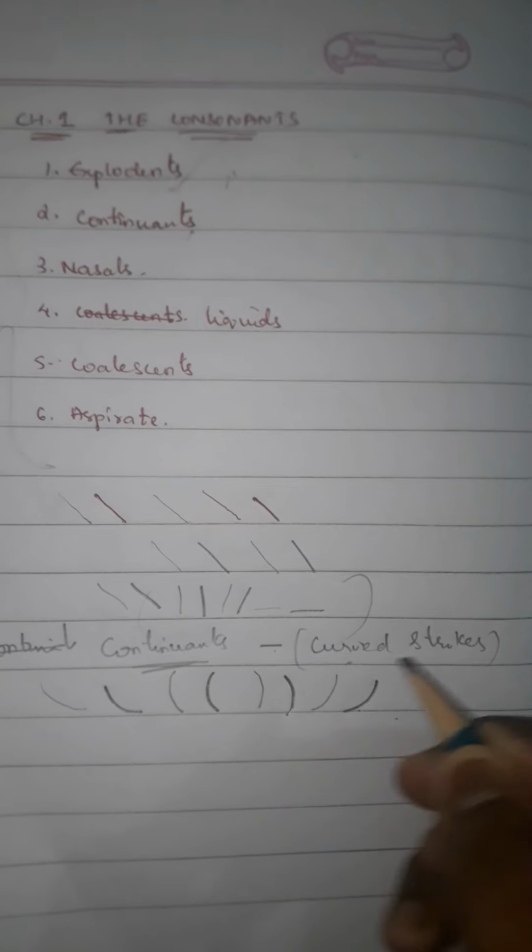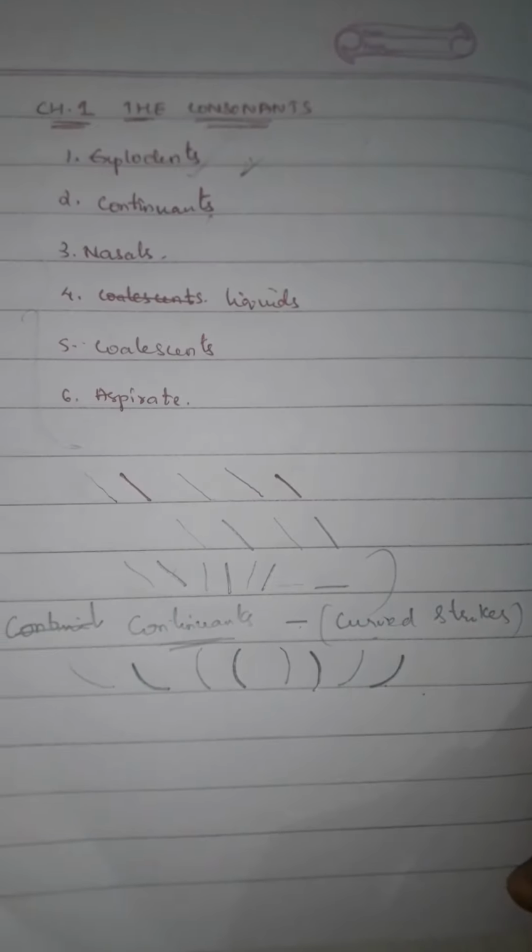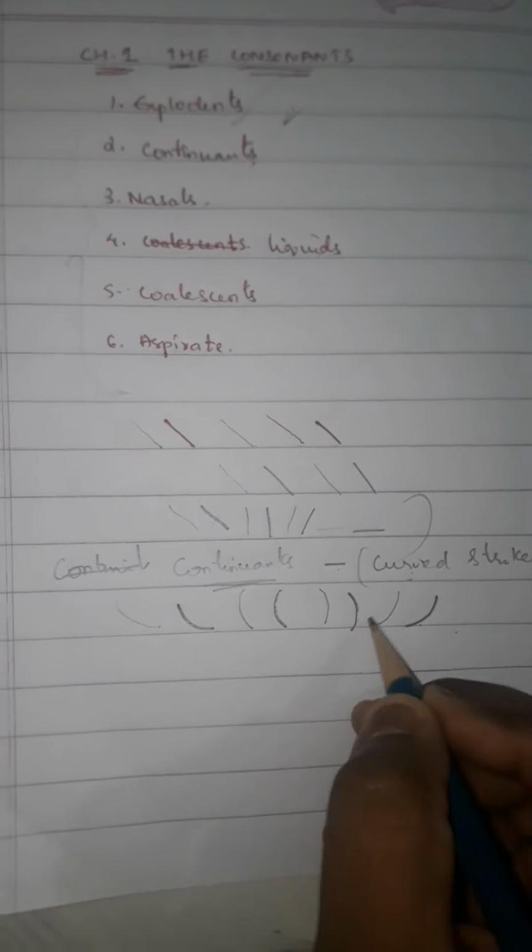I told you explodents are called straight strokes, and now continuants are called curved strokes.